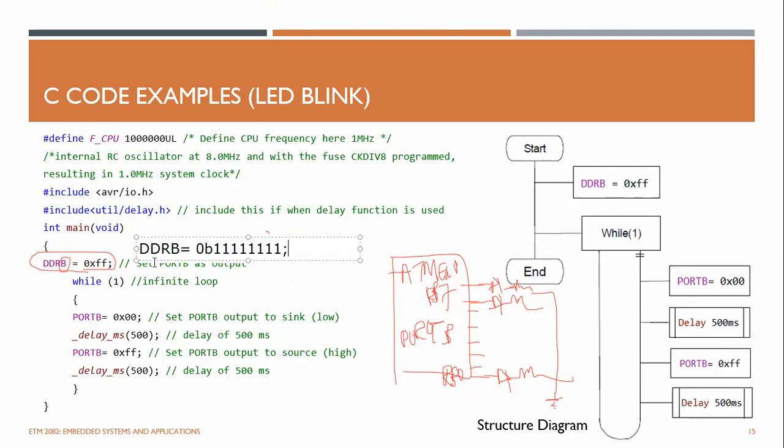You can replace this line with this one also, which means you are asking the data direction register to make all the bits 1 because you are using them as output. Or you can use this value as hexadecimal, 0xFF, which is equivalent to this number in binary, 255 in decimal.